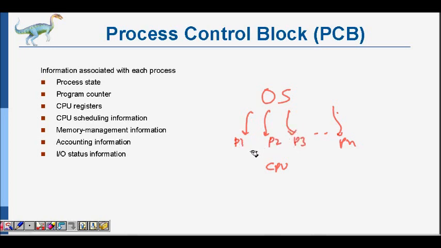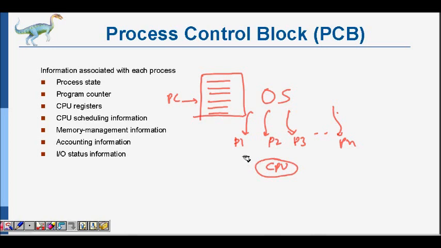But when a process is running, what are the things that are required? A process is a program in execution, so it has some lines of code or instructions. When the CPU is executing, there must be a program counter to know which instruction to follow. Let's say the process is at line 9.